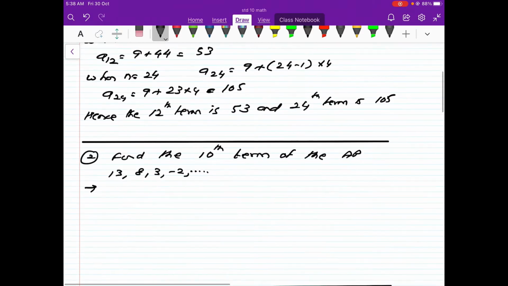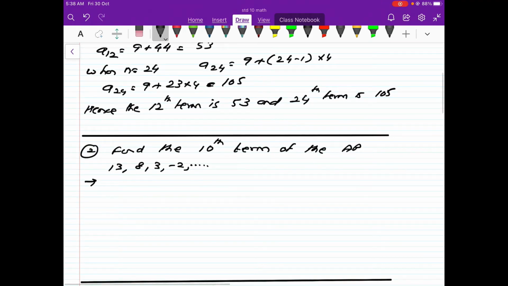Now moving on to the next sum: find the 10th term of the AP 13, 8, 3, −2 and so on. Again, starting with the basic things, writing the data. a = 13. Now what can d be? It is the second term minus the first term, so we find d is −5 here.